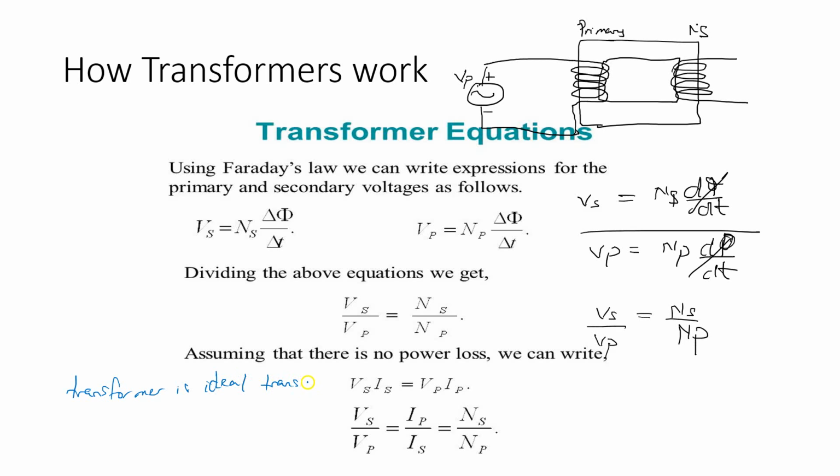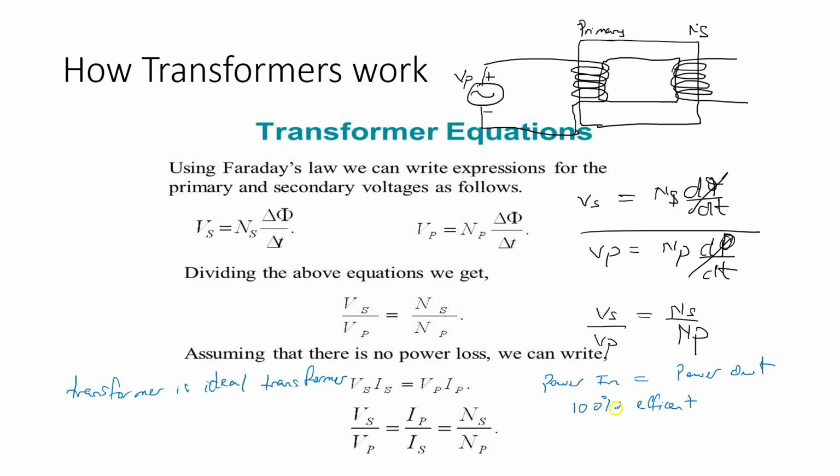So whenever you see that the transformer is an ideal transformer, it means that power in is equal to power out, right? What they're just saying is that this transformer is 100% efficient.